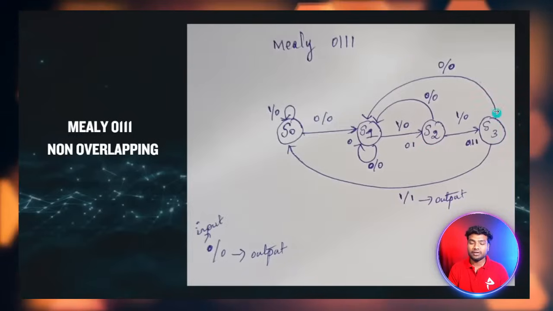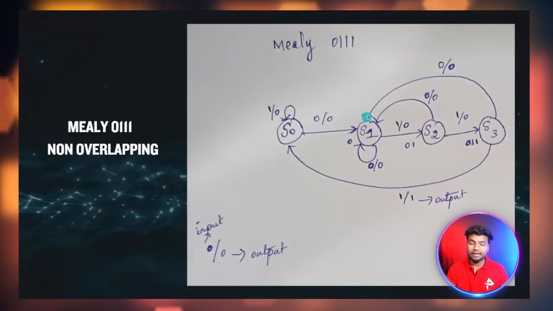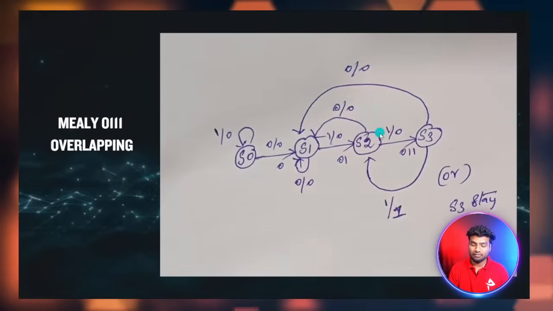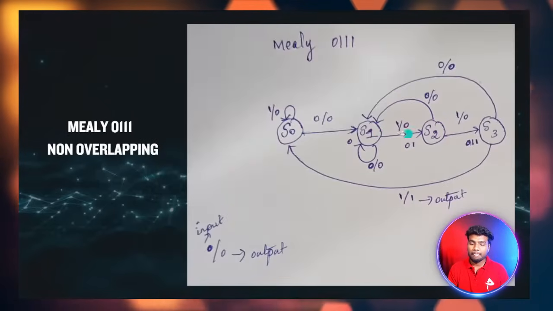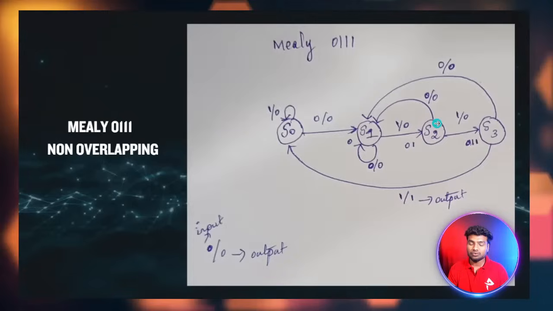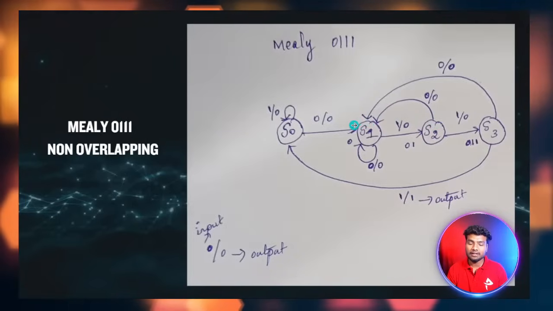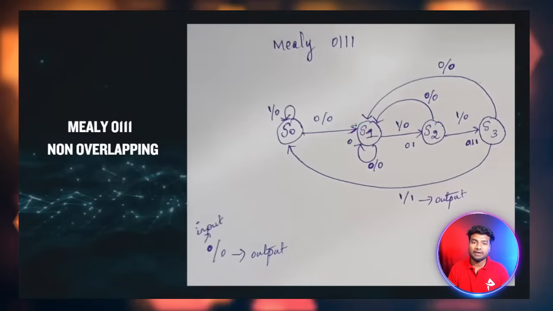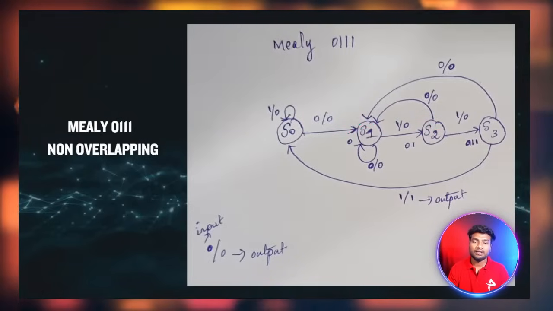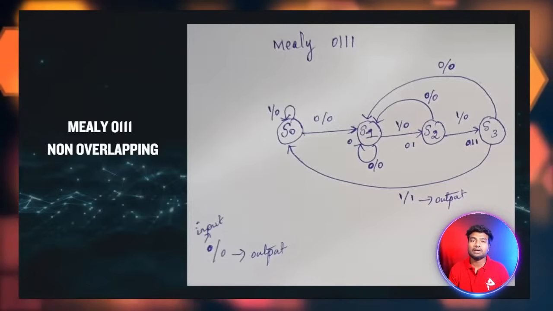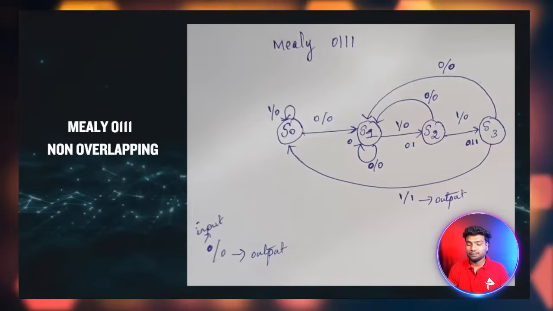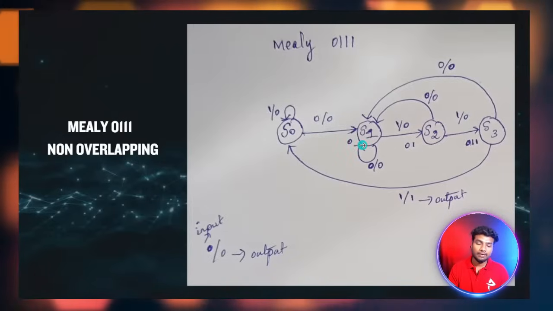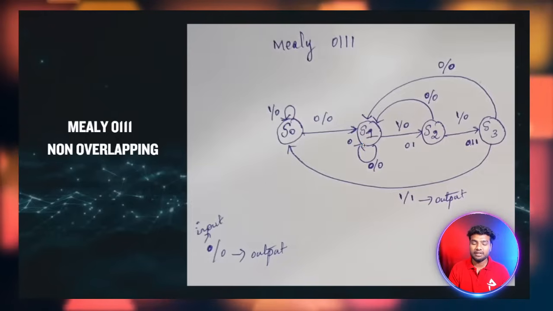That's why it goes to S1 without going to S0 or S2. The S1 state itself has a lot of possibilities to get the next required input. So till now this is a non-overlapping Mealy type. It needs the overlapping type too.